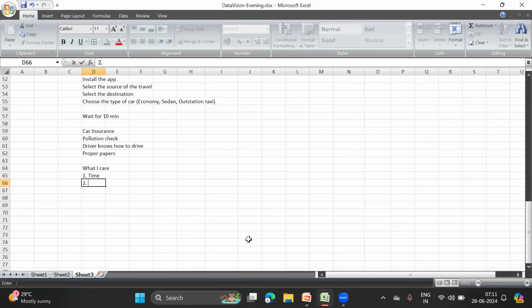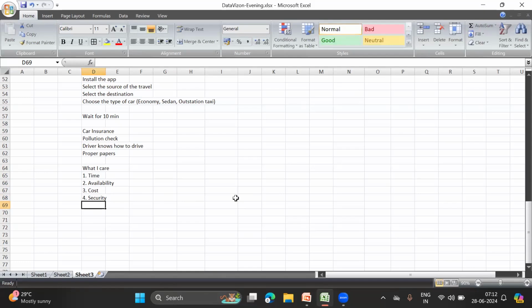Availability of the vehicle. Yes, great. Availability, cost, and security. Okay, great. Three points correctly. Anything else?